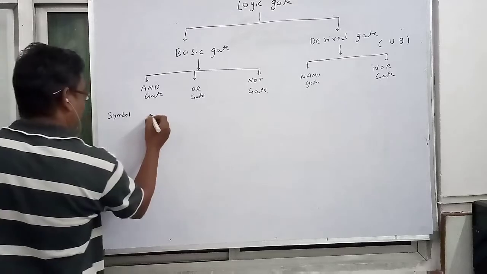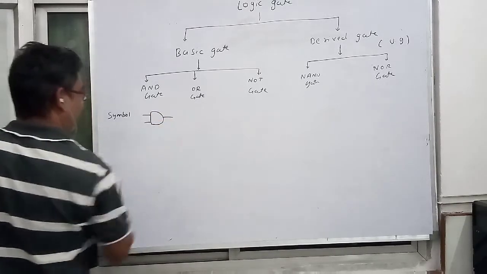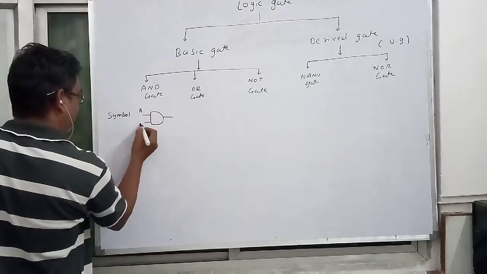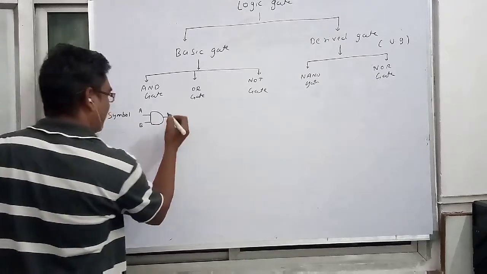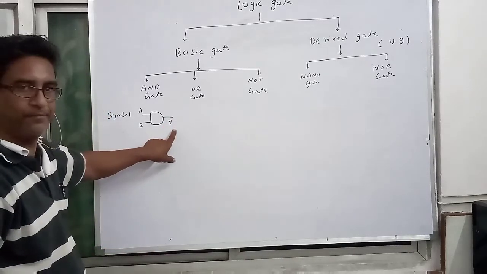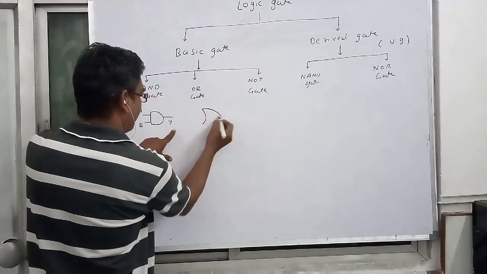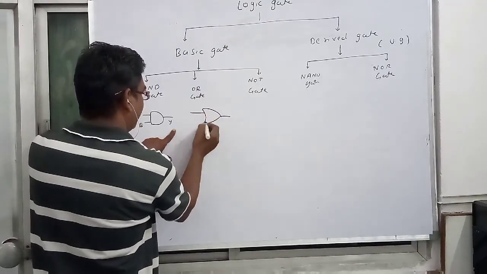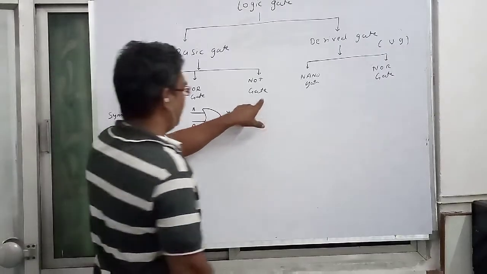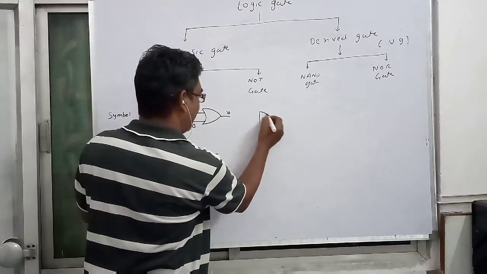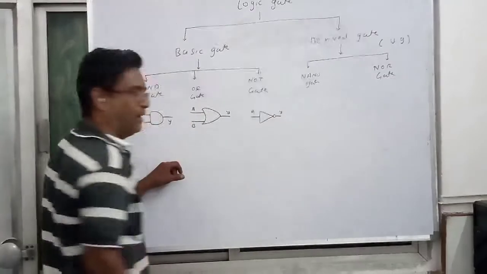First is the AND gate. Here the symbol will be like this, which has two inputs, considered as A and B, and a single output, considered as Y. In the OR gate, the symbol is like this, with two inputs A and B and a single output Y. The NOT gate symbol is like this, with a single input and a single output.